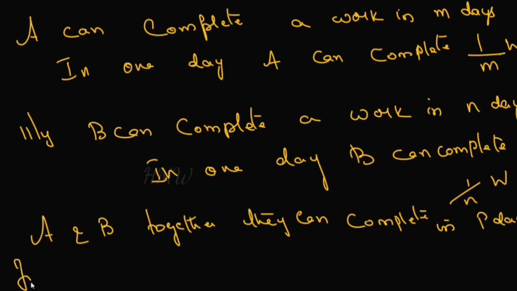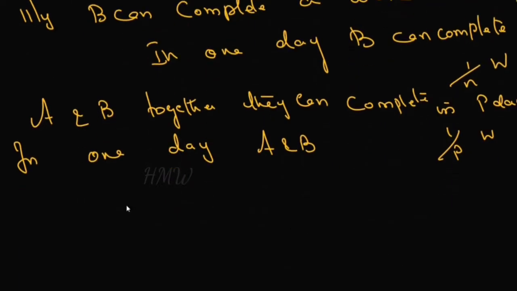So in one day, A and B together can complete 1 by P work. This is the reciprocal of P, 1 by P. So 1 by P is 1 day's work of A and B.